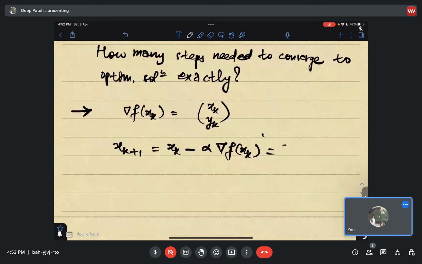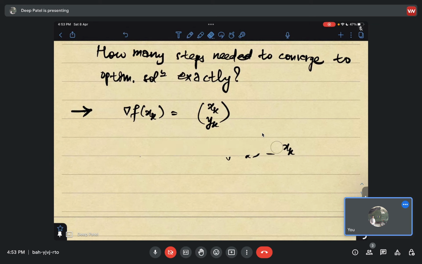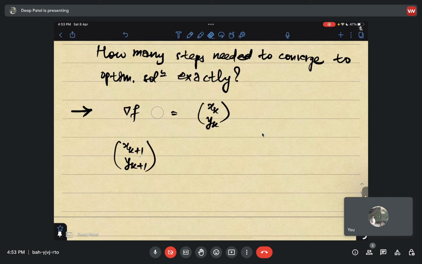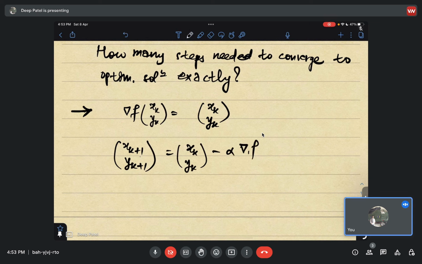So (x_{k+1}, y_{k+1}) is (x_k, y_k) minus alpha times the gradient of f at (x_k, y_k).